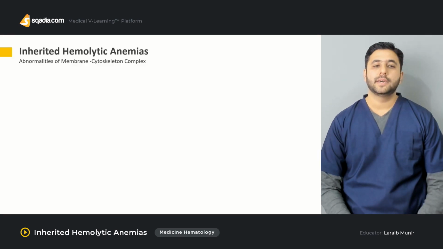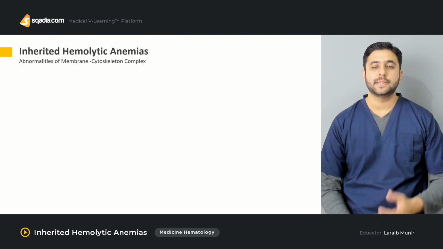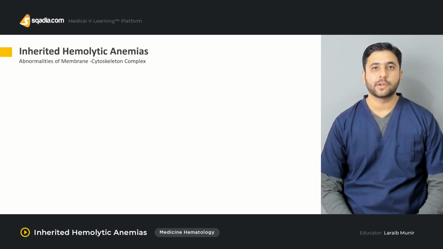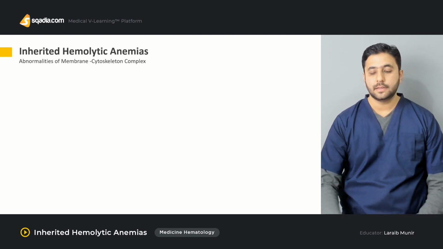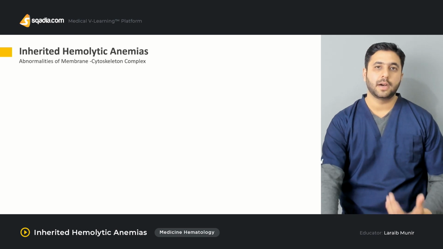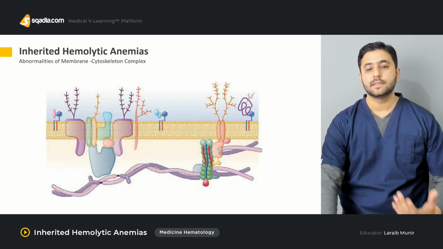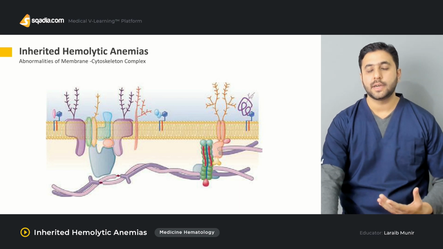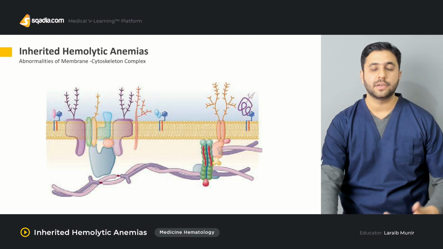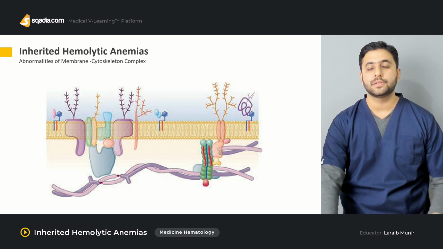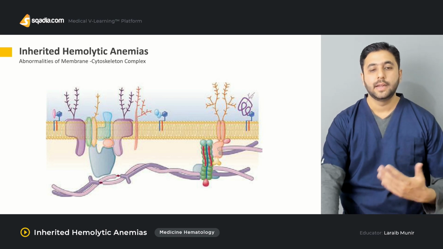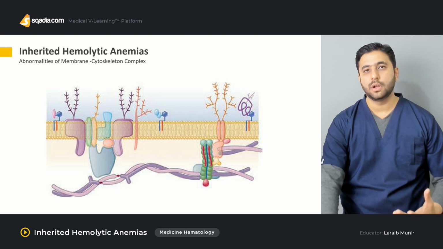Now let's talk about the inherited hemolytic anemias, which are majorly concerned with the membrane-cytoskeleton complex. To understand that, let's have an overview of the RBC membrane. It has a lipid bilayer, and it has a lot of proteins, some of which are embedded in the lipid bilayer, some of which are intracellular, some of which project outside. You don't need to remember all the types of proteins.